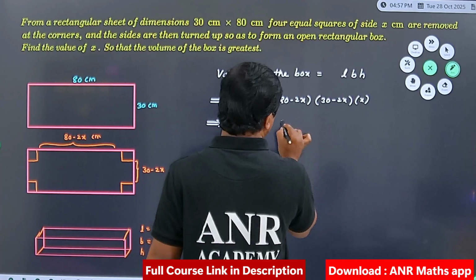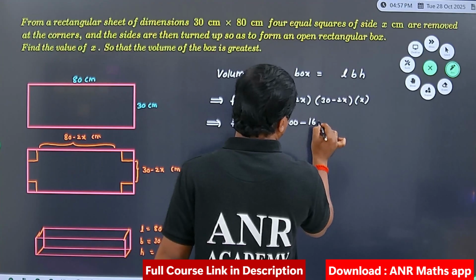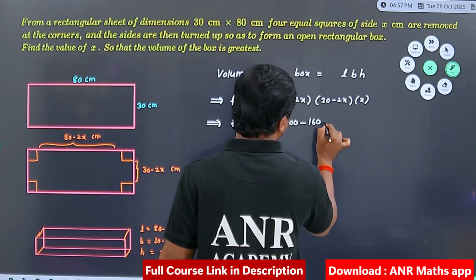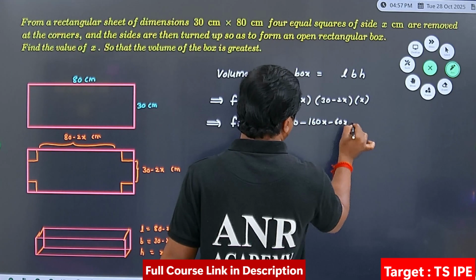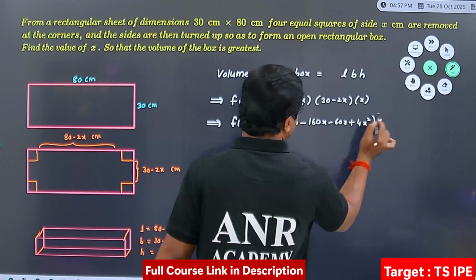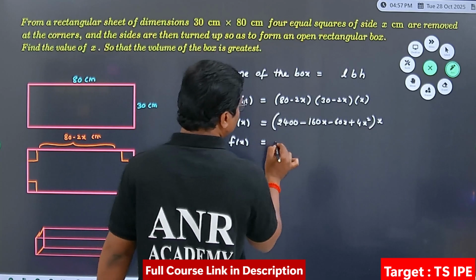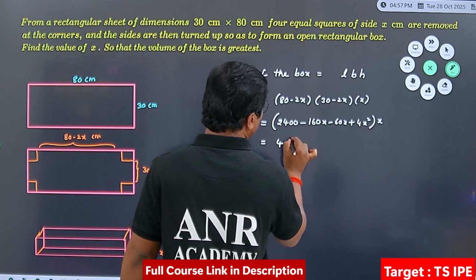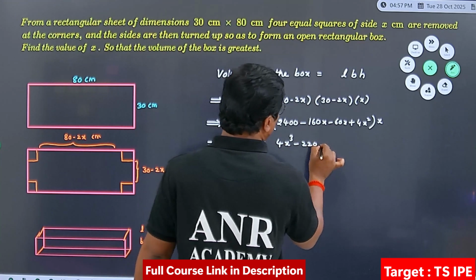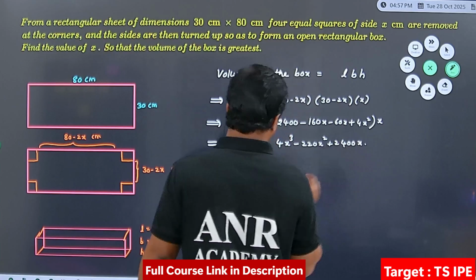First I am multiplying these two, 2400. Next 80 into 2x, 160x minus 60x plus 4x square multiplied by x it is, implies f of x written as 4 times of x cube minus 220 of x square plus 2400 of x.